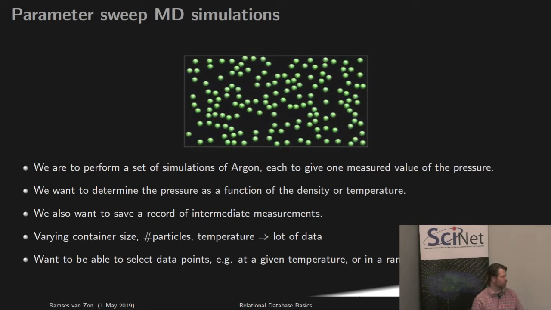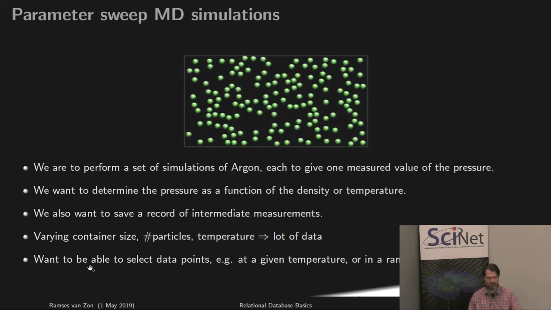We also want to save a record of the intermediate measurements, so the energies, etc. And in the original case, we also wanted to keep a record of the trajectories, which I said I had thrown out. So we'll vary container size, which will change the density, number of particles, possibly, and temperature. And that potentially gives you a lot of data. Remember, we're getting time trajectories, or these timestamps. So for every time that we're simulating, we know at least those 5 values, I think, that were spit out.